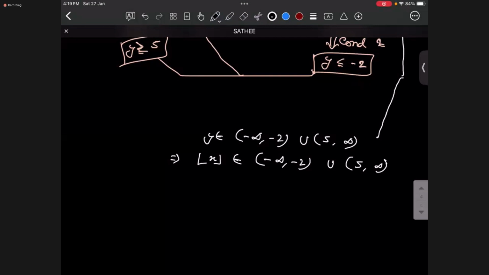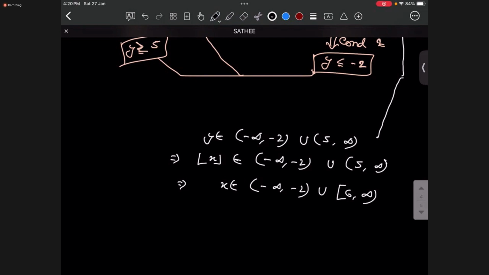So whenever the box x belongs to this range, x belongs to minus infinity to minus 2 union 6 to infinity.